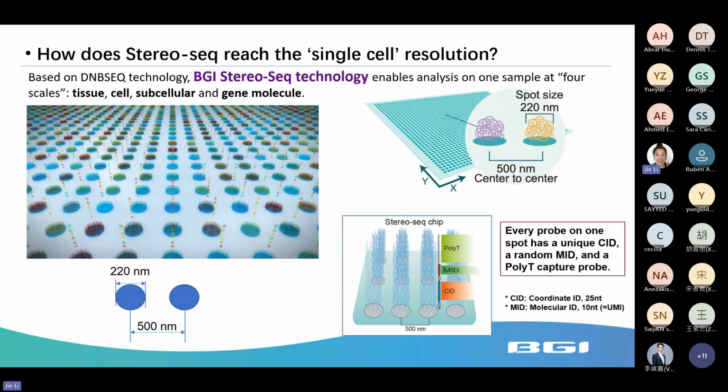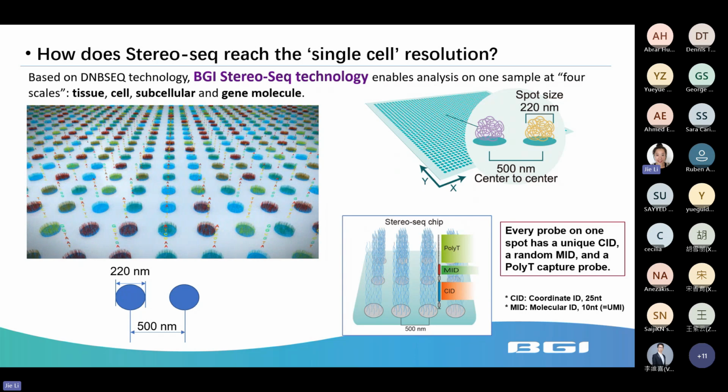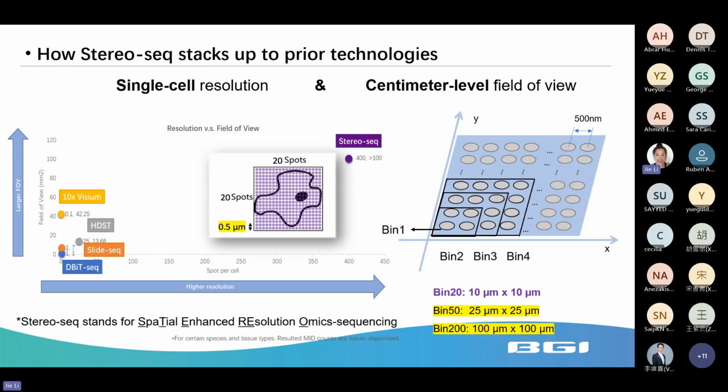There is a video that shows how our CID and probes are located on our spots. And here I also compared other technologies on the market with Stereo-seq, such as 10x Visium, which also has spots; in its previous version each spot is 55 micrometers in diameter, so each spot can cover 4 to 5 cells.